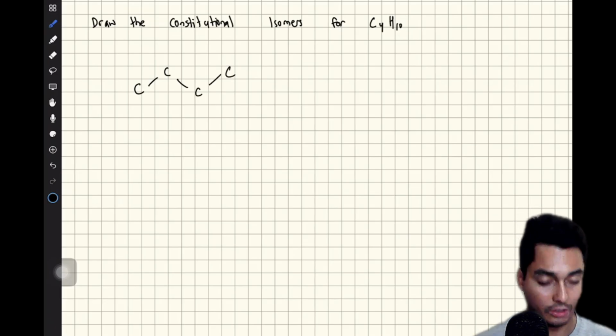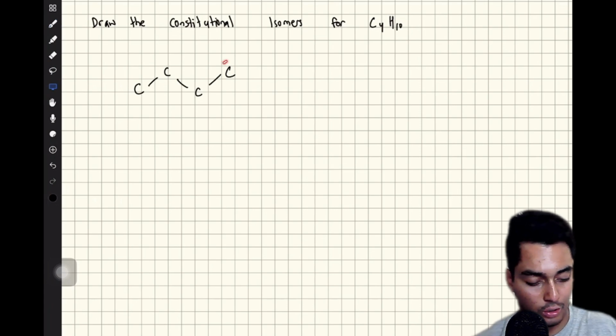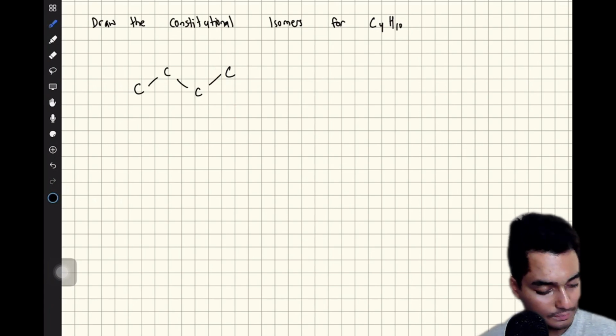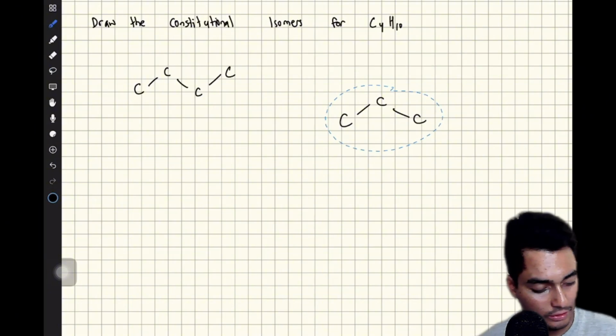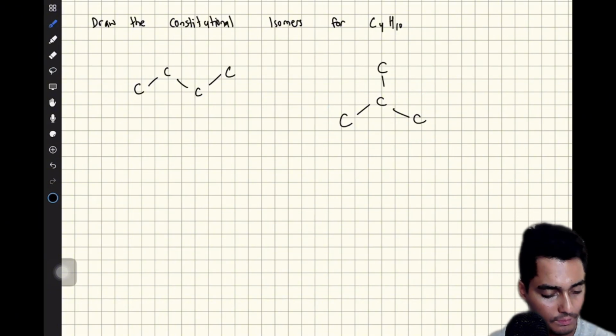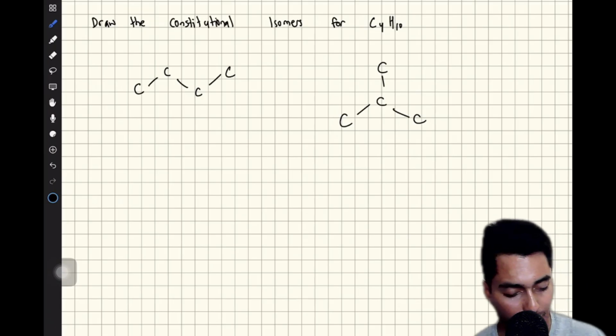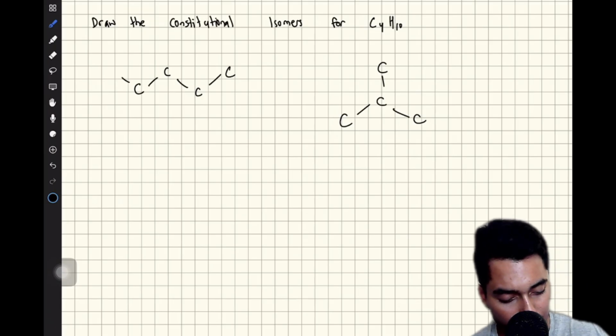So this is going to be our linear structure, and then I'm going to draw the branch one where I'm going to move one carbon over here. Okay, so we're going to have 1, 2, 3, and namely I'm going to put the other carbon to live right over here rather. Okay, so right off the bat, hopefully you can see that we're going to have 2 isomers just like so, where we just fill in our H's.